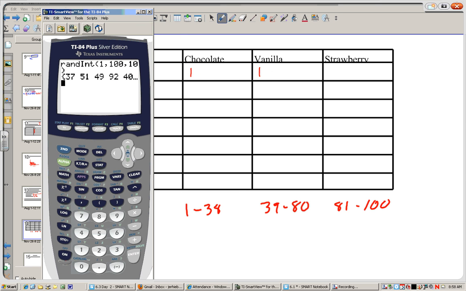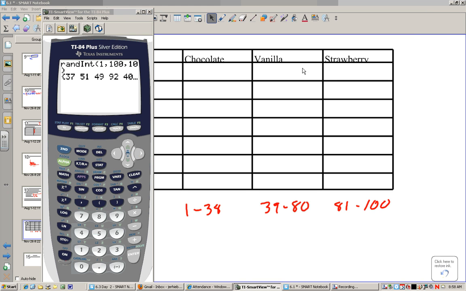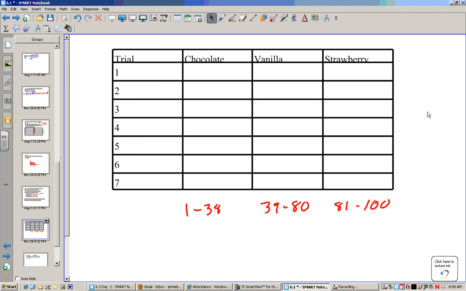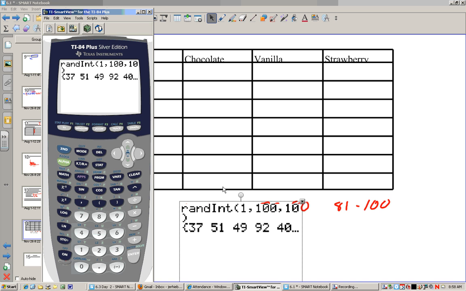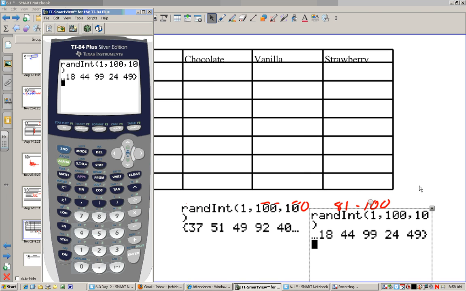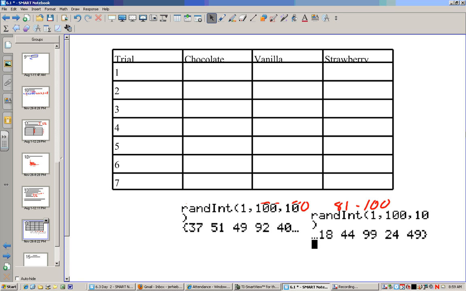All right, so if I go through, 37, 51, 49, 92, 40. Oh, that didn't work. Here, let's see if I can drag that down. Great, I have them all here.